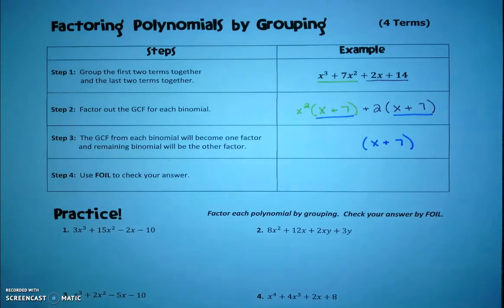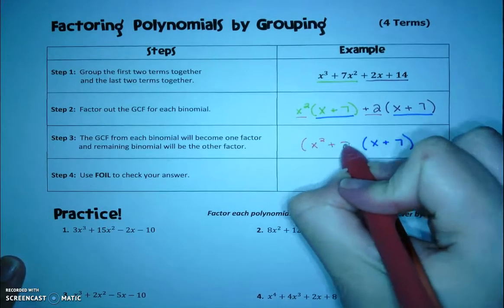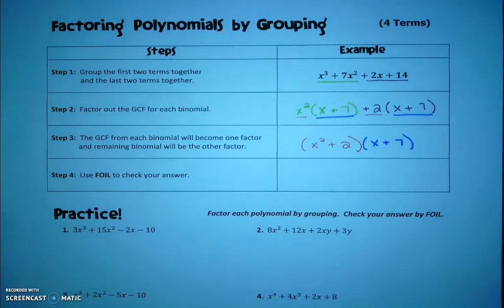The other part comes from the GCF of both of our things. We are going to take the x squared and the plus 2, and we're going to combine those together into their own set. So I have x squared plus 2, and that combines into its own set.